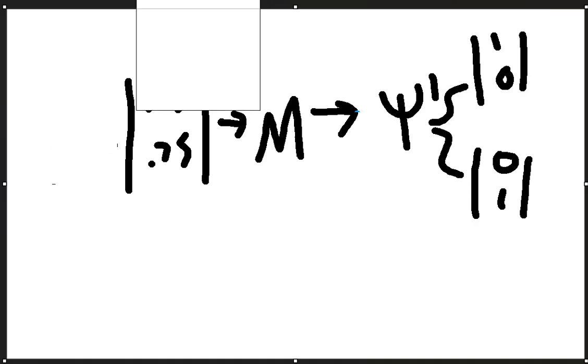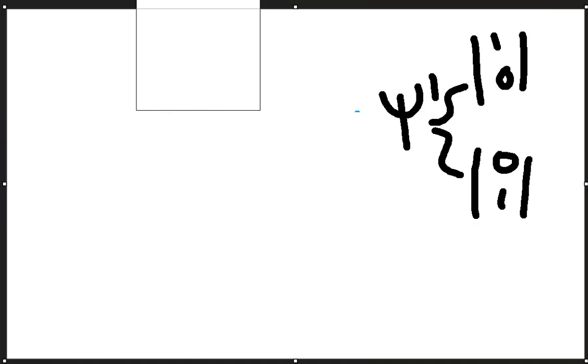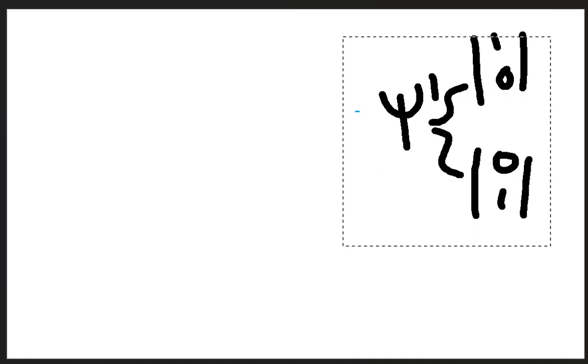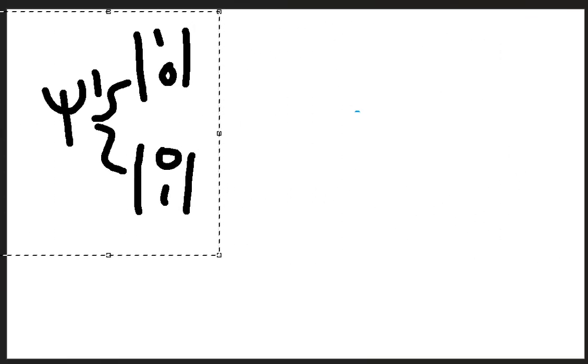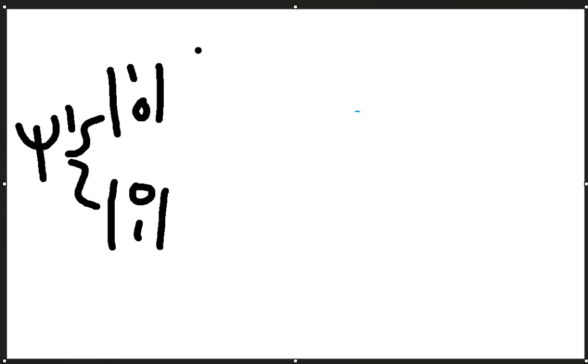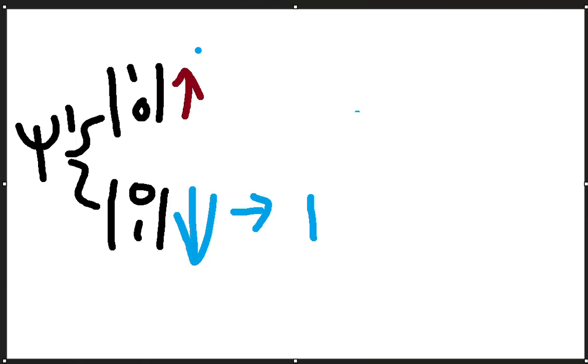And if you might recall, maybe you don't recall, but in quantum computing, this might correspond to an upward vector, and this might correspond to a downward vector, and this, as you may recall, is like a 1, and this is like a 0.